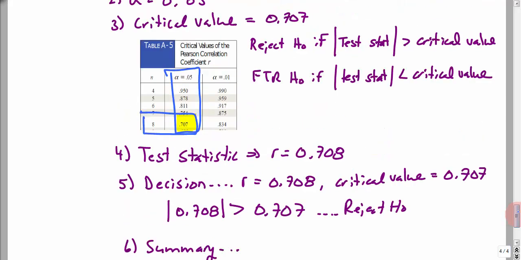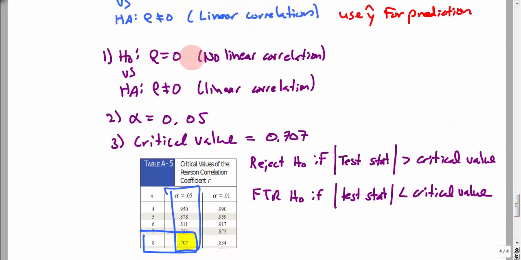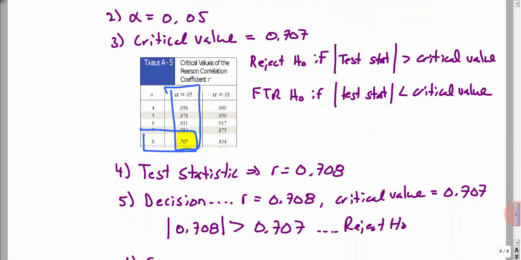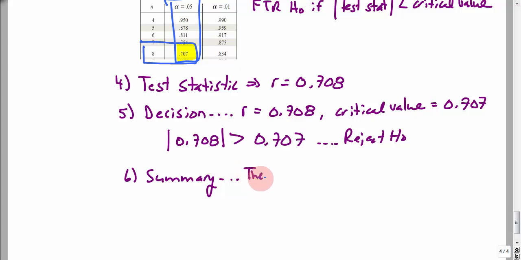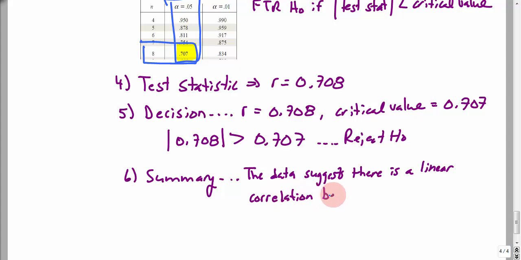So if we reject H0, so here's H0, if we reject this and throw it out, basically that means we have some sort of a linear correlation. So the data suggests there is a linear correlation between the variables and that prediction is appropriate.